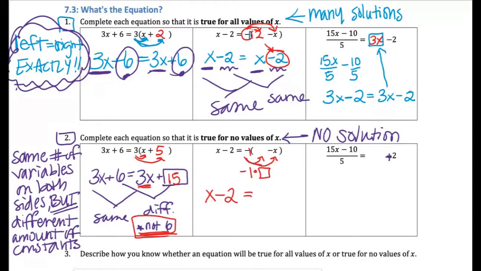And then I get negative 1 times negative x is plus x, right? So I'm going to have my matching x's, which is good, right? But I need to make sure that these are not the same. My constants.